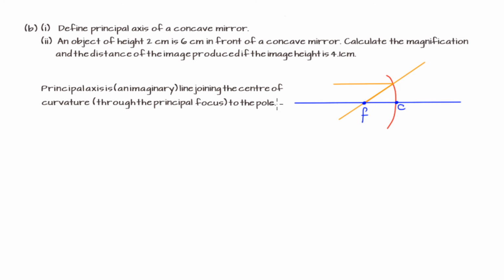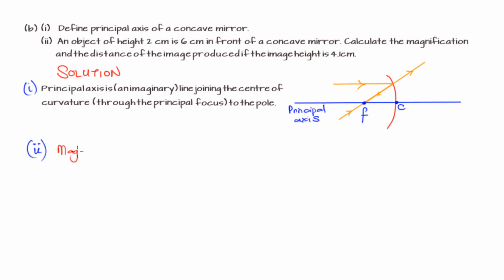So that's the center of curvature, that's the principal focus, and the line joining them through the center of the mirror is the principal axis of the concave mirror. In this particular case, it's the line shown in blue. So this is the principal axis of the concave mirror. And that's solution number 1 in our solution to these further questions in the practical.